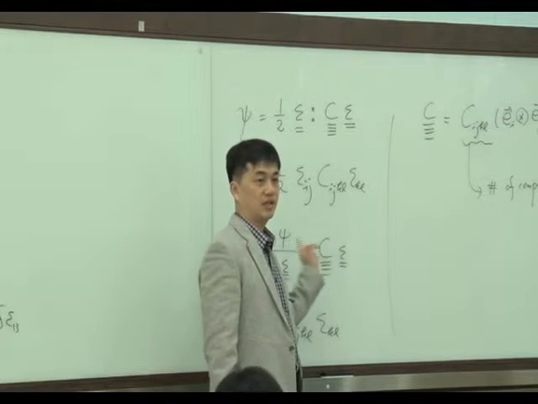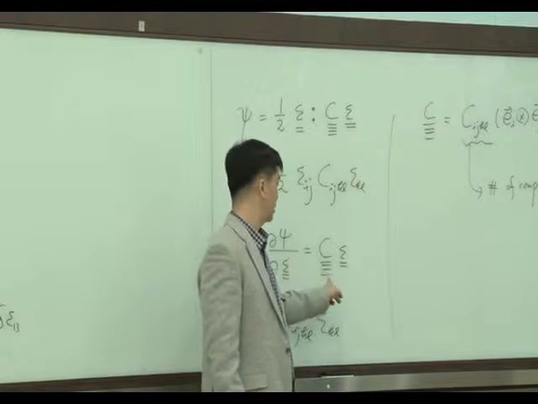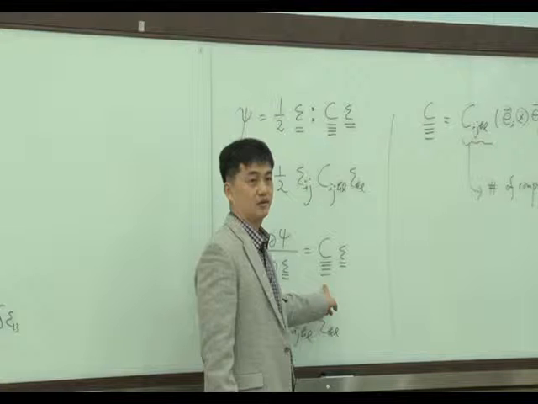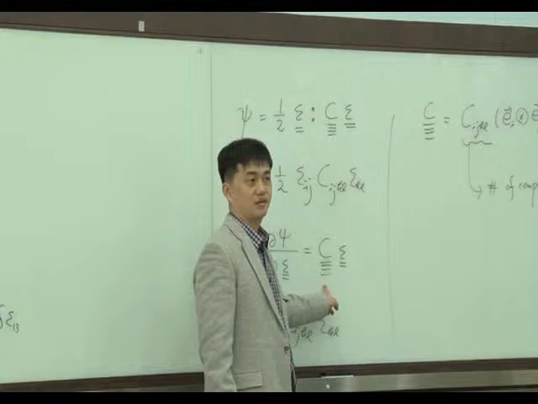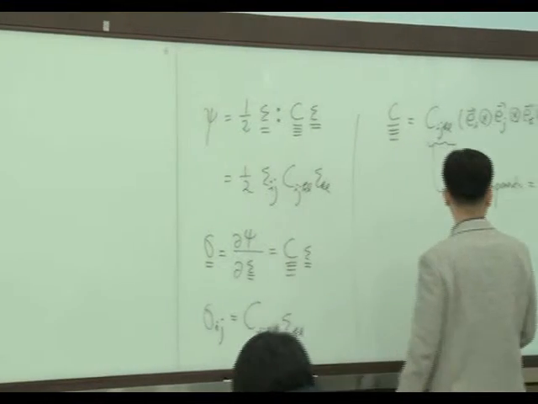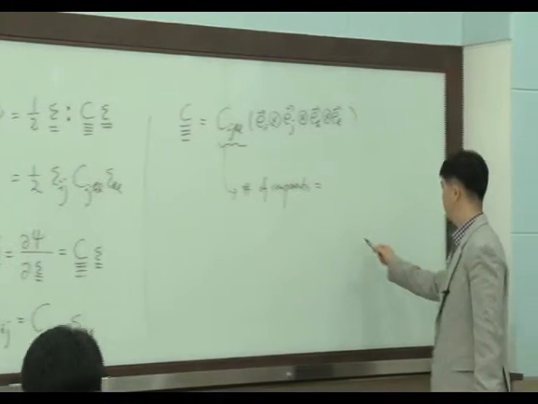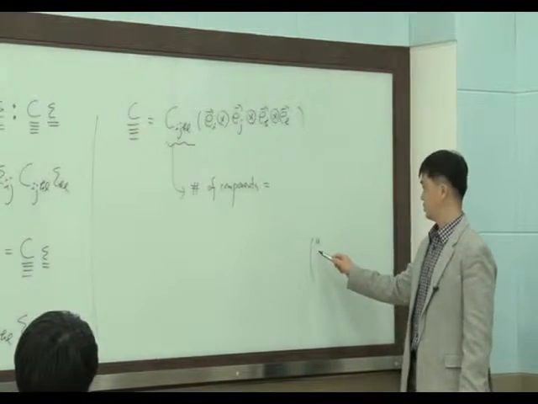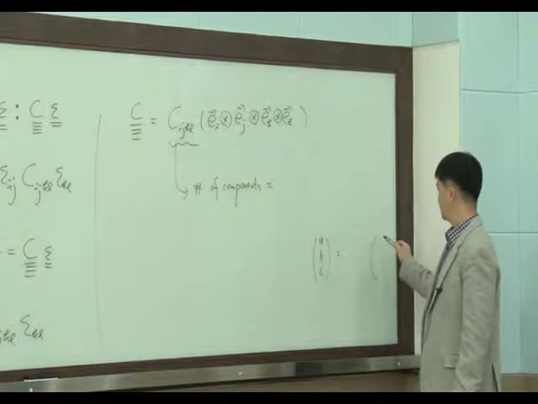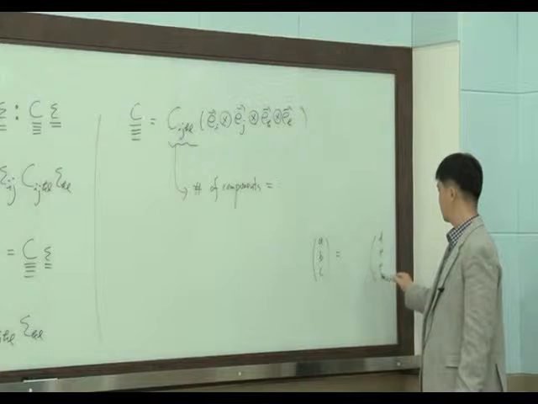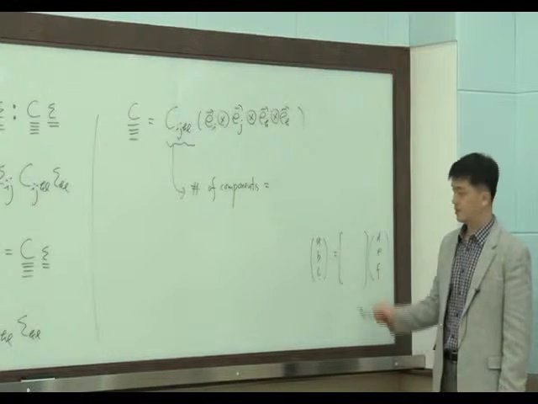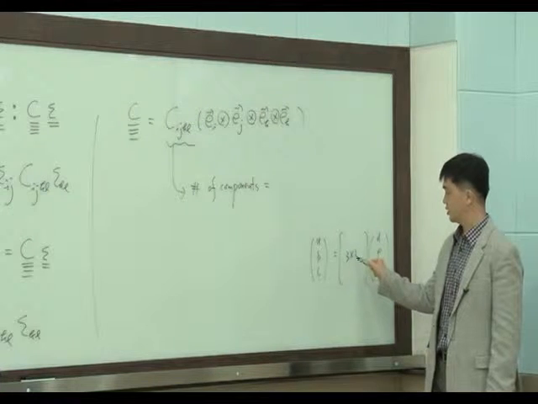To make a linear relationship between both, for example, if I have A, B, C, 3 components here and D, E, F, I need a 3 by 3 matrix, right?